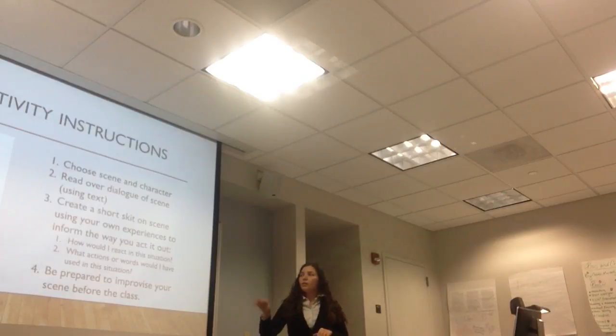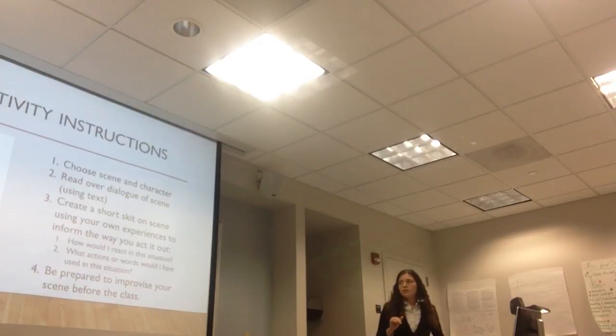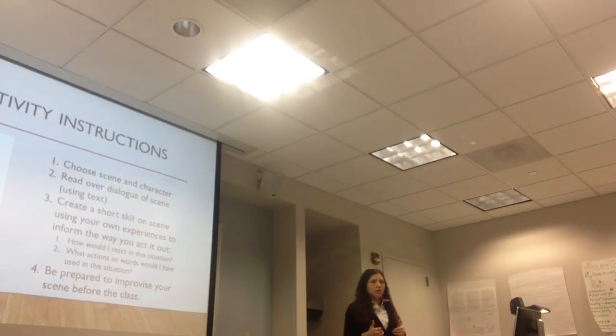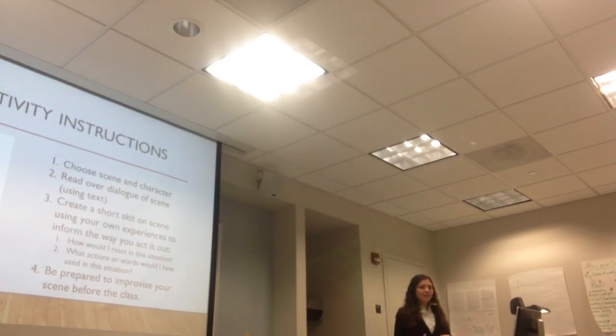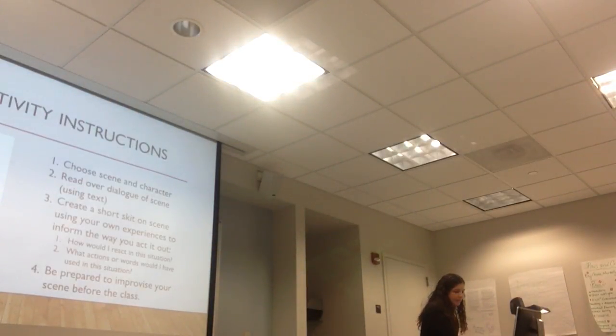You're going to read over the dialogue with your partners and make a short skit, using your own interpretations. There's a beginning and an end to the dialogue that you're going to see, but I want you to use what you know and how you would feel in that situation, or whatever influences you have, to make that role yours. You follow me? Okay.